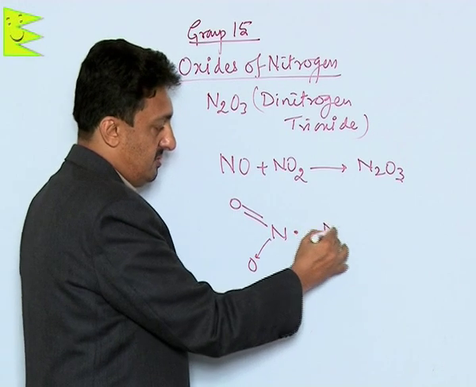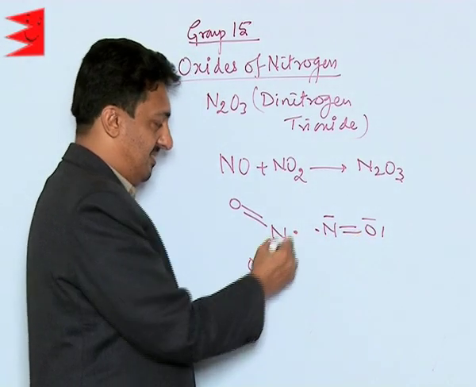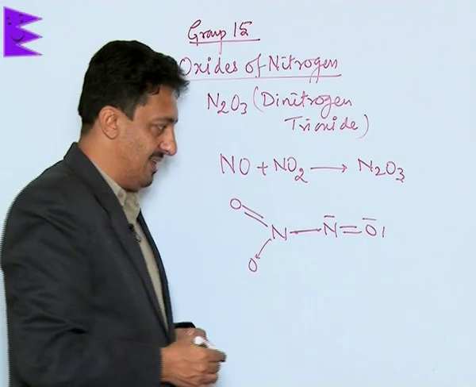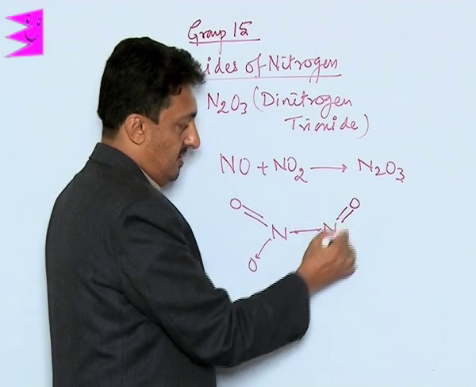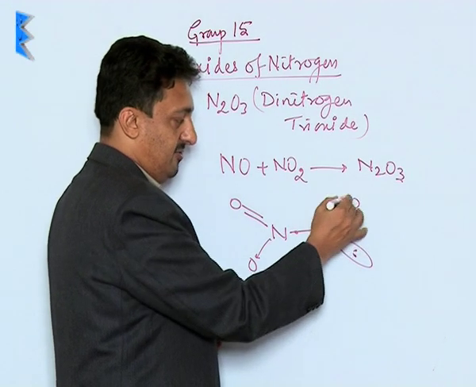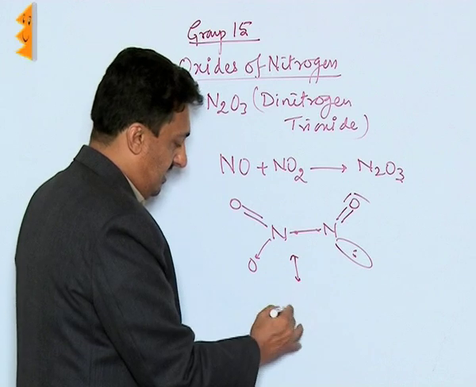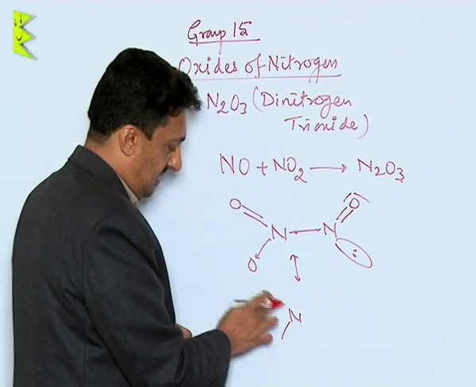This NO2 combines with this oxygen, and they both combine with these two odd electrons and form a bond like this. So actually it becomes almost like this with a lone pair on nitrogen on this side. So we can have a resonance like this. Sorry, this can be a single bond.